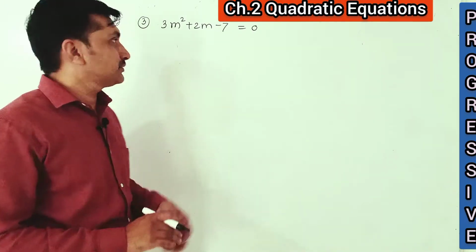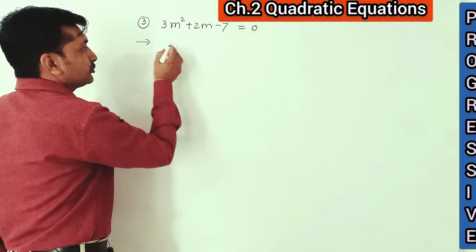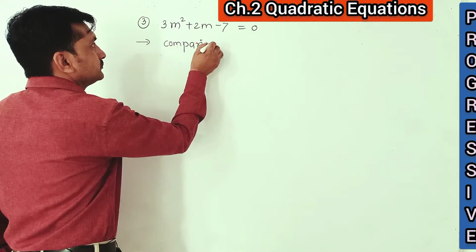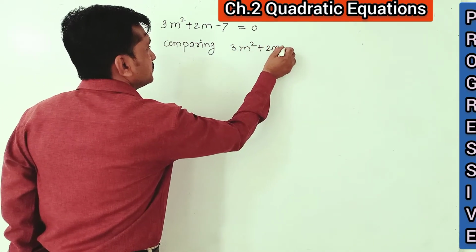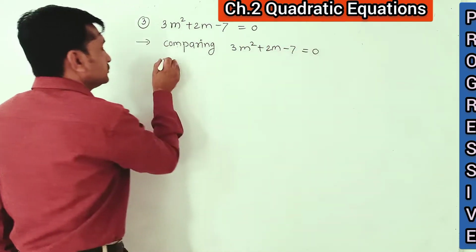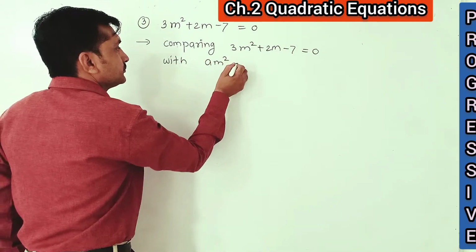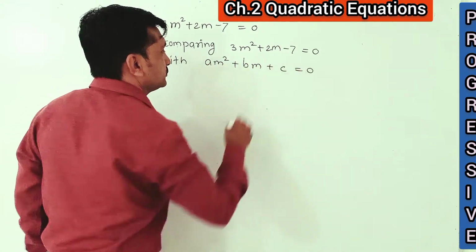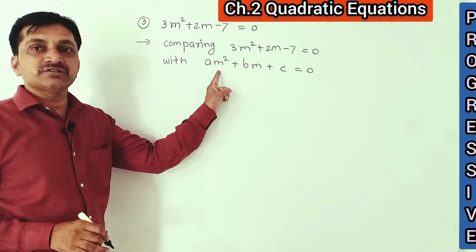Now let's see example number 3. It is in general form, so we can compare directly. Comparing 3m square plus 2m minus 7 is equal to 0 with am square plus bm plus c is equal to 0. Now see here, the variable is m, so we change the general form.